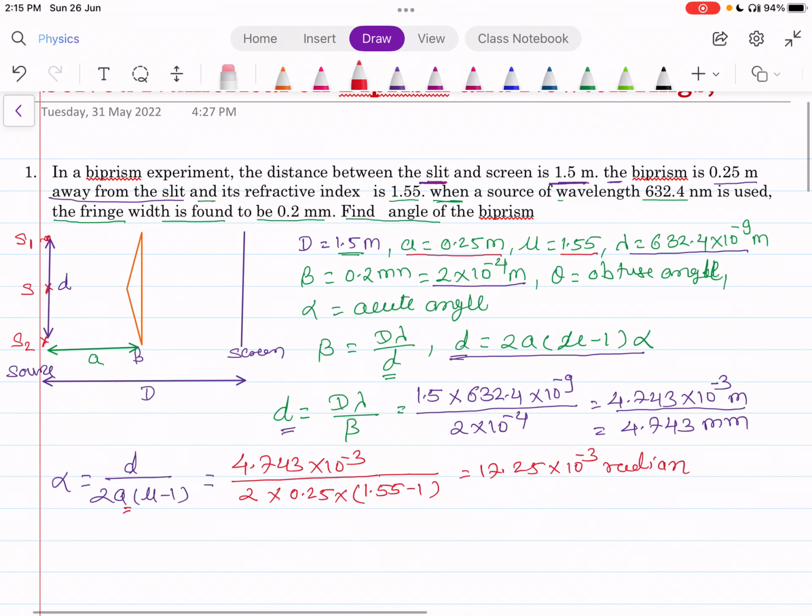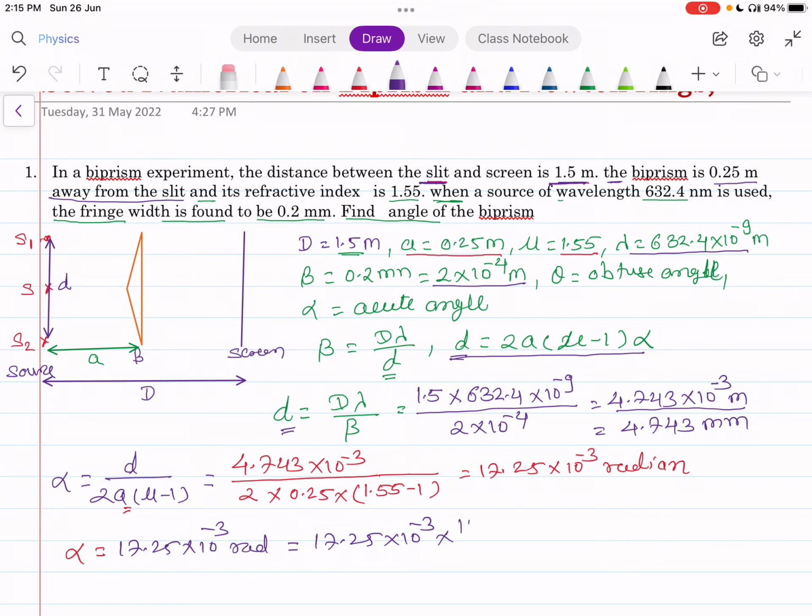So alpha, which is 17.25 into 10 raised to minus 3 radian, equals 17.25 into 10 raised to minus 3 into 180 divided by pi.